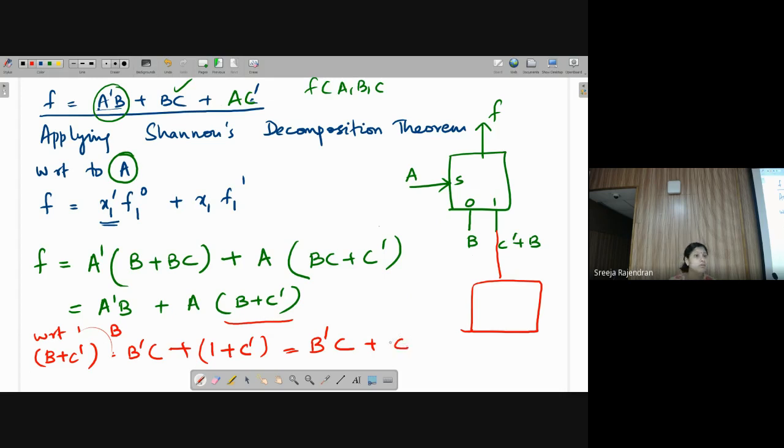B complement into C bar, correct. B complement into C bar and 1 plus C bar, right? There is a B also there. B I didn't write. So B into, let me just rub once.